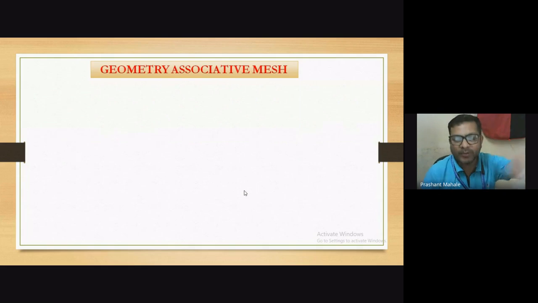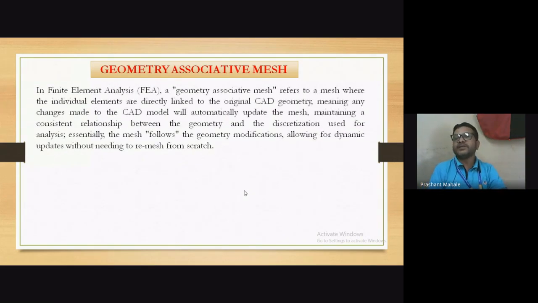Okay. So what is geometry associative mesh? In finite element analysis (FEA), the geometry associative mesh refers to the mesh where the individual elements are directly linked to the original CAD geometry. That can be achieved in the software actually. You can link that mesh to the original CAD geometry.